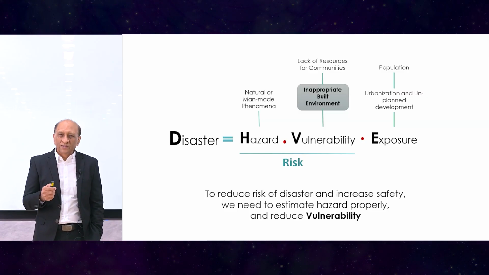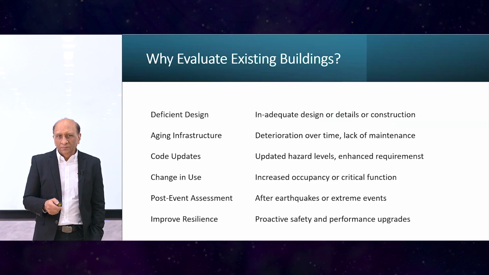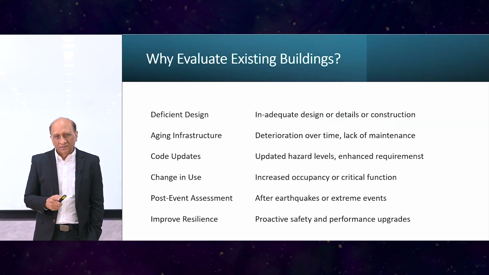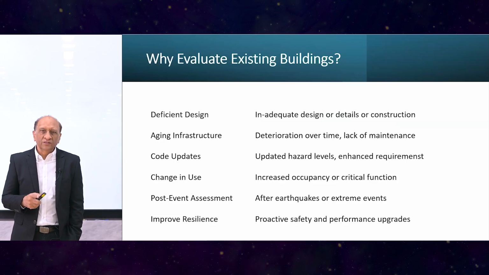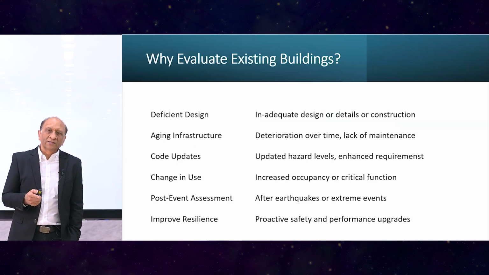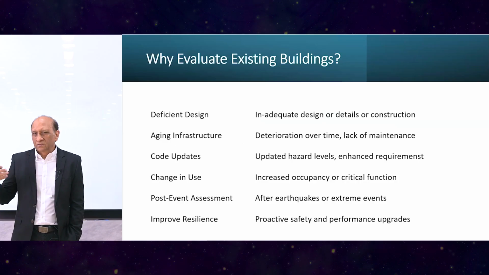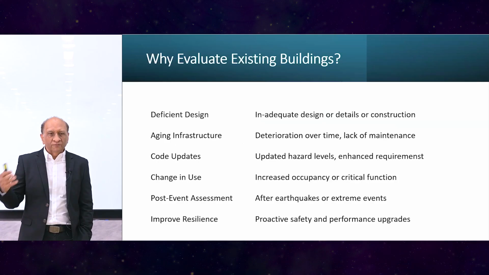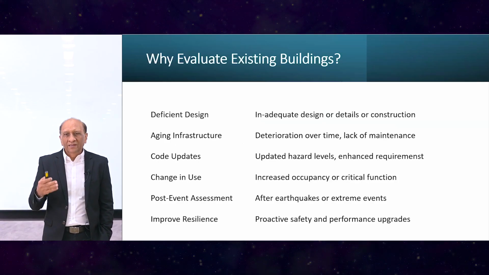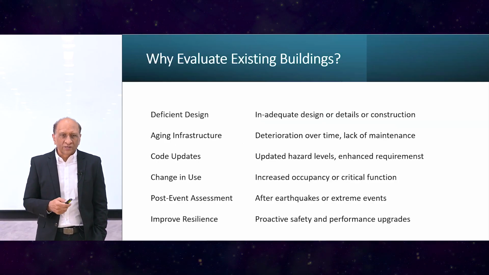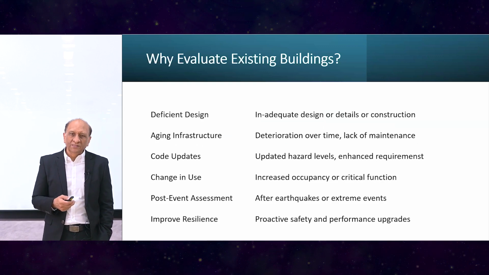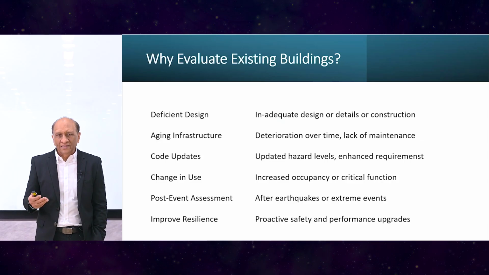So let's look at this vulnerability issue. Now, the vulnerability can come from many reasons. First one is that the design is deficient. Somehow the design was not done properly: the engineers were not well informed, or the code wasn't proper, or the software wasn't good. Or whatever happened, it was not constructed properly according to the design. Or the structure is just becoming old, it's aging, deteriorating, and there's no maintenance.